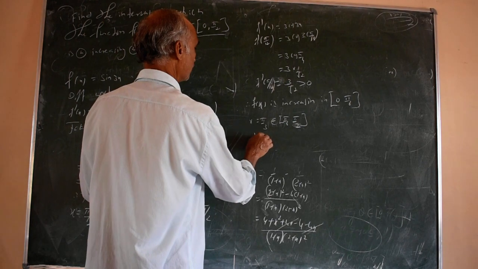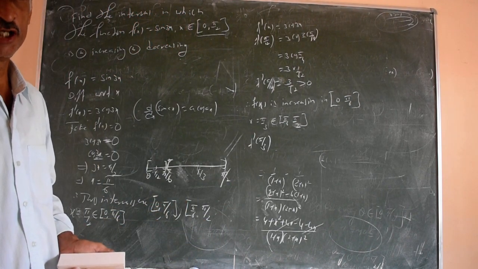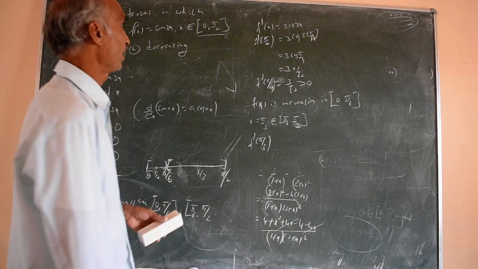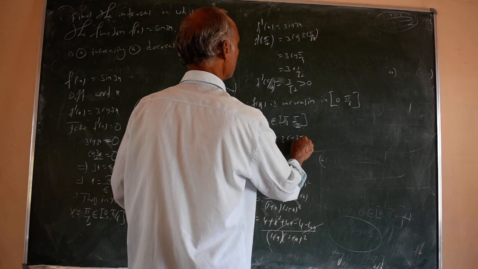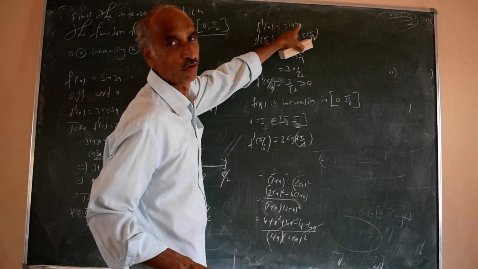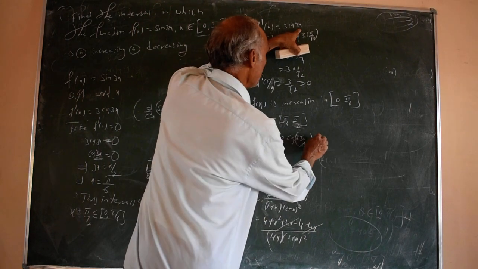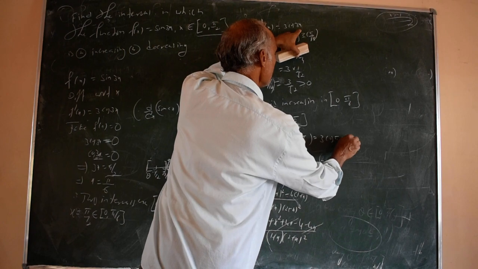f dash of pi by 3: take another value for x in the second interval and work out whether it is positive or negative. That equals 3 cos 3 pi by 3, since f dash of x is 3 cos 3x. So 3 cos pi equals 3 into minus 1.